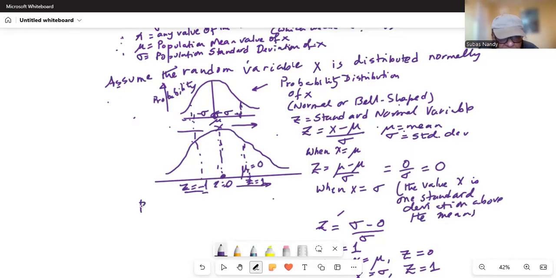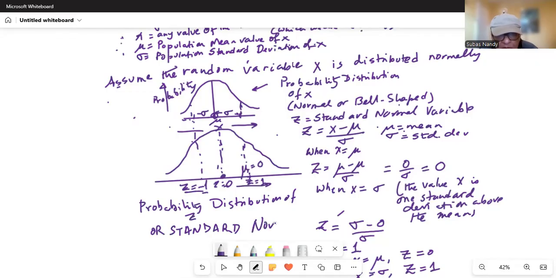So this is the probability distribution of z, or standard normal curve.